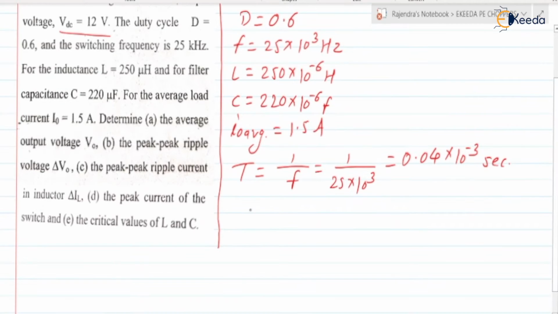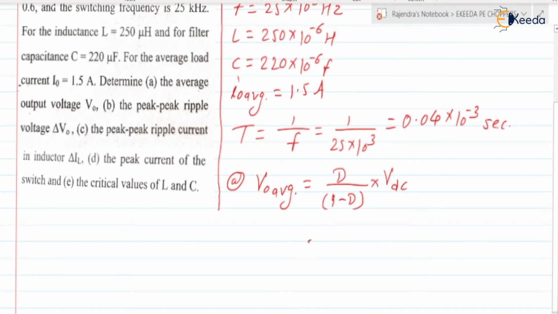Now for the first bit, we need to find the average output voltage V0 average. For the buck boost converter, V0 average is D upon 1 minus D into VDC. D is 0.6, so it is 0.6 upon 1 minus 0.6 into VDC.